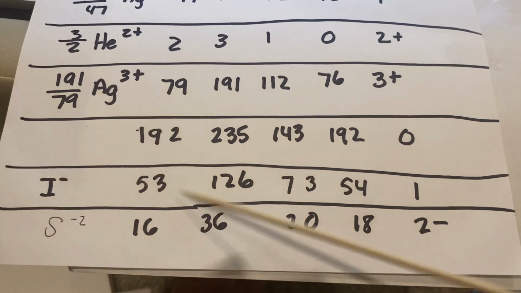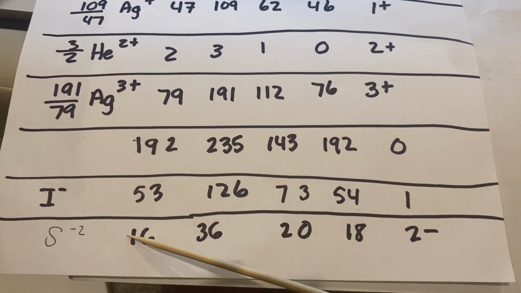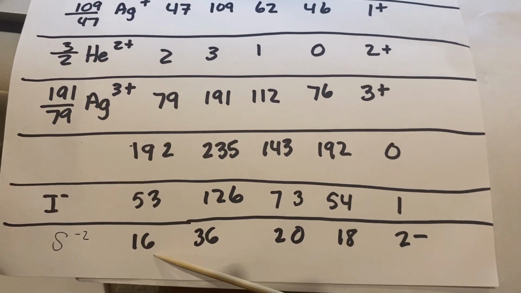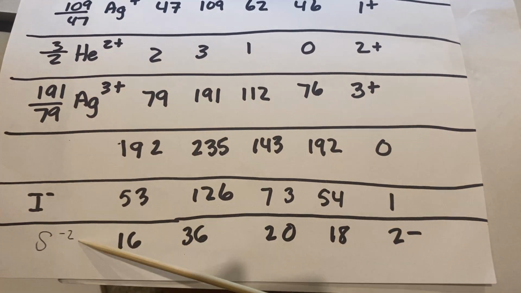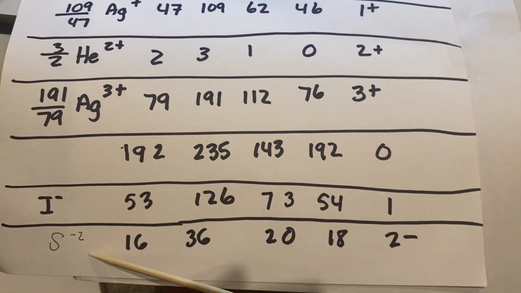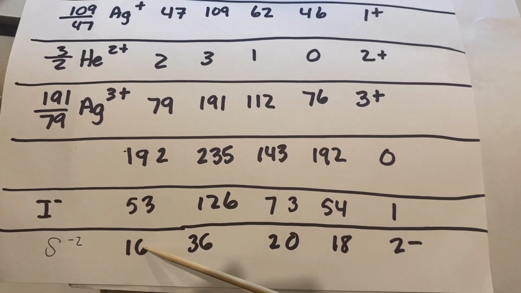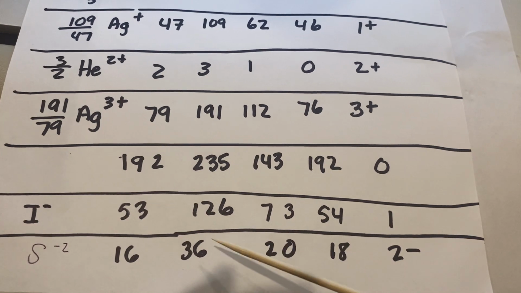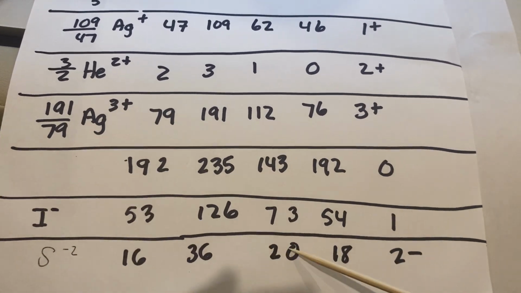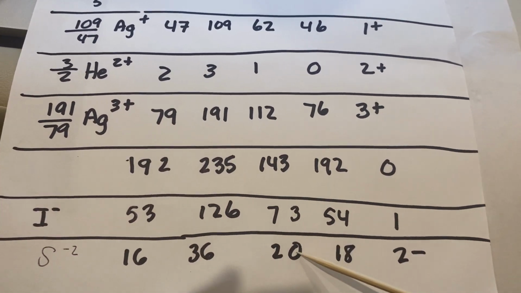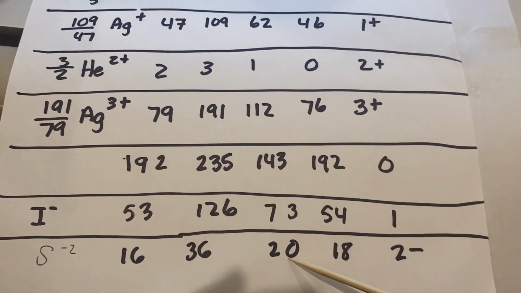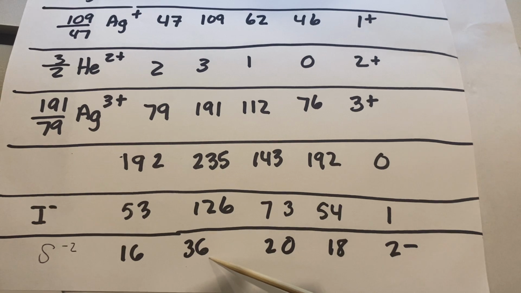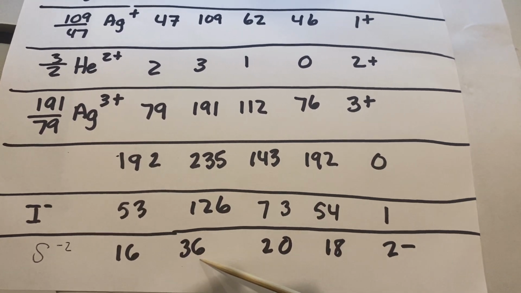The last one is, okay, we wanted to find out what number, so we had to look on the periodic table. It had this number 16, so we look on 16 on our periodic table and we see it's sulfur. So we put down the element. Well, there's 16, and then there's the atomic weight. Well, we didn't have atomic weight. We had this number 20, which would be neutrons. So we add 20 plus 16 and we get 36, which would be its atomic weight.